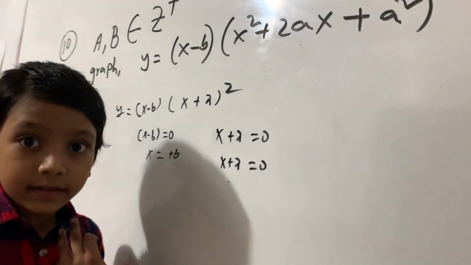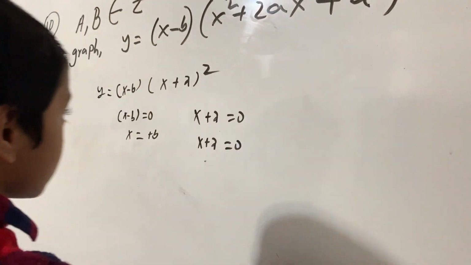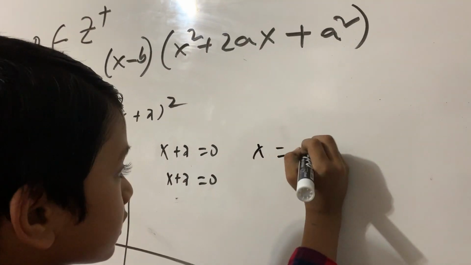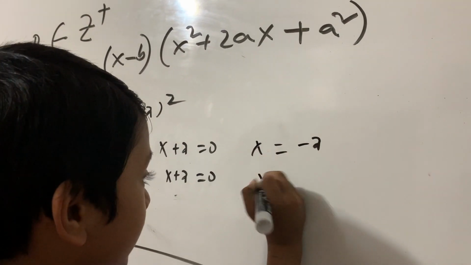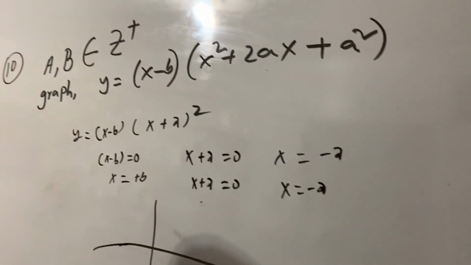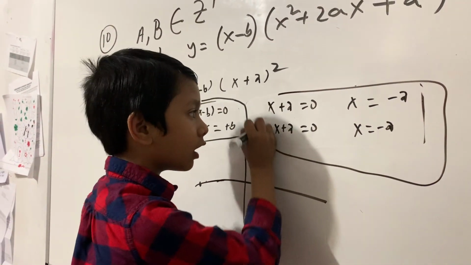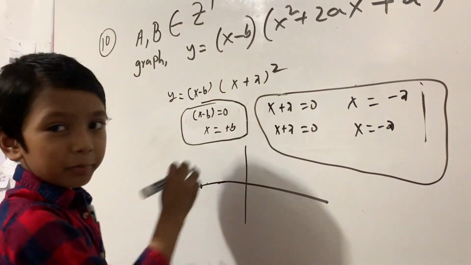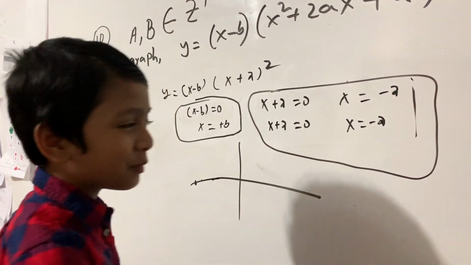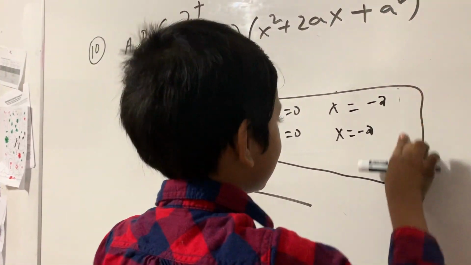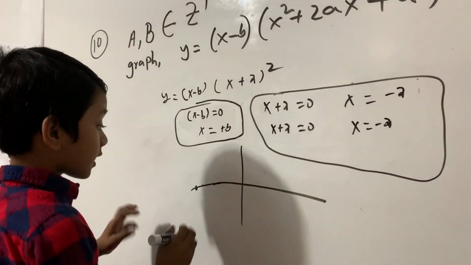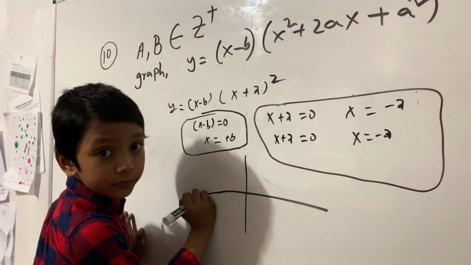They're both equal to negative a, right? So x equals negative a. Okay, we have 1 point on the right and 2 points on the left. So we start from here.